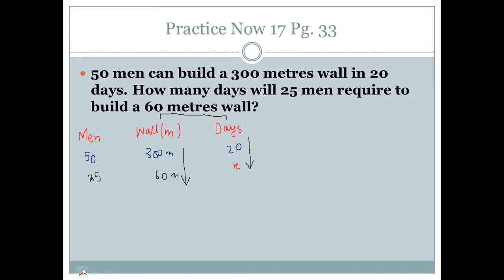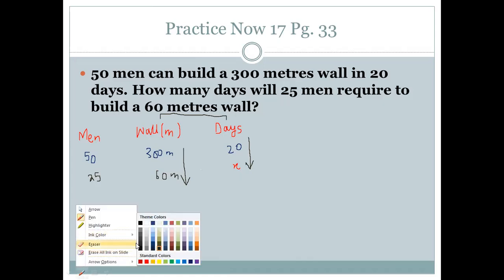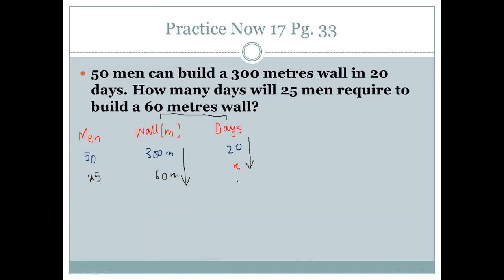Now I am going to compare days and men. I hope this thing is clear to you all. So here, if you see, I'm going to compare men and days. If 50 men can build a 300-meter wall in 20 days, so definitely, what will happen if we have 25 men?